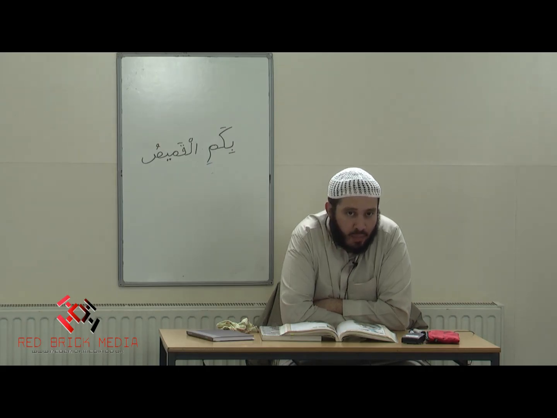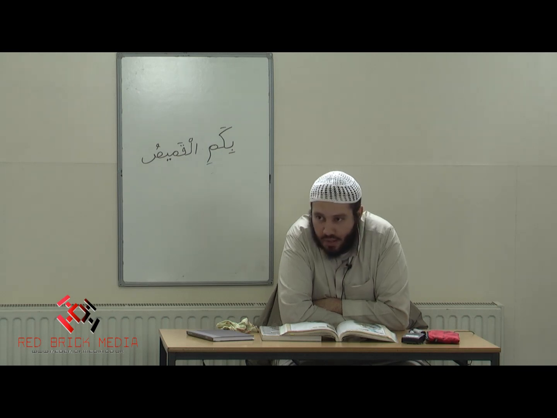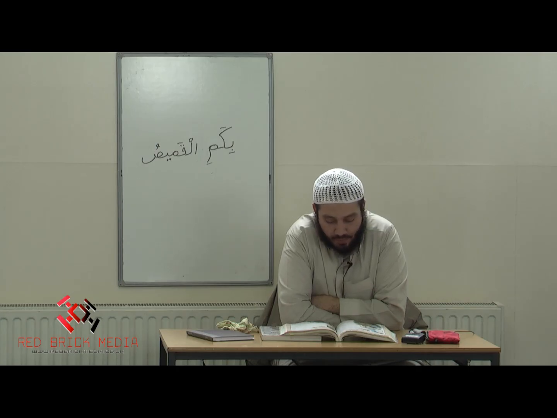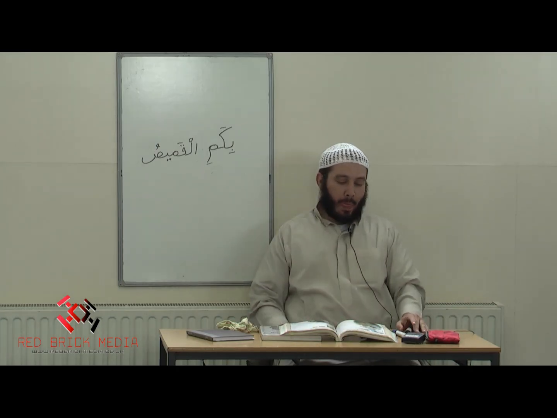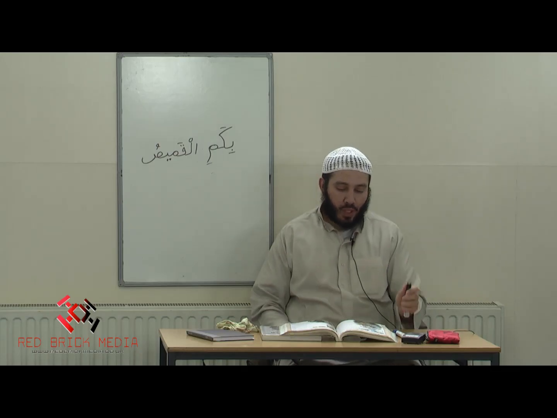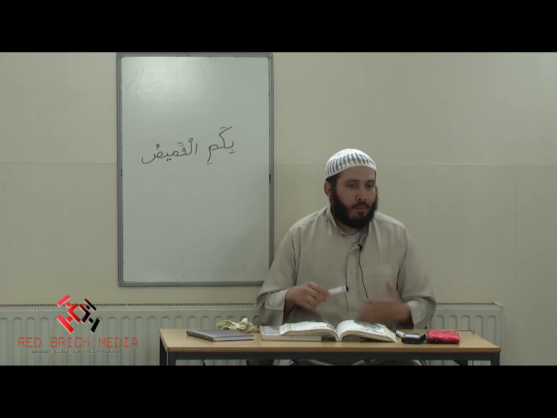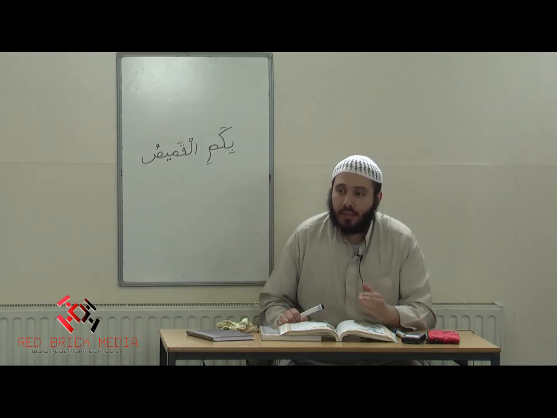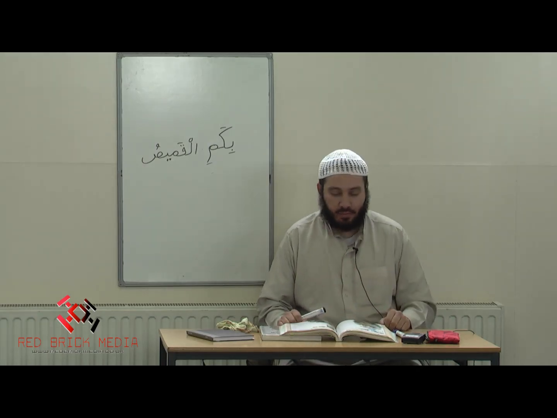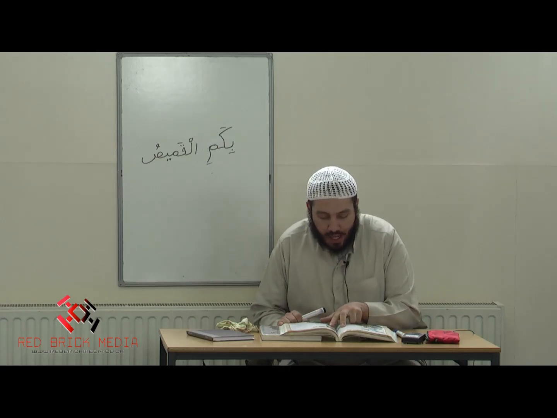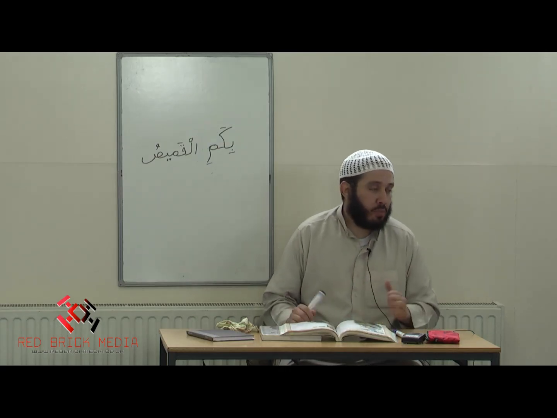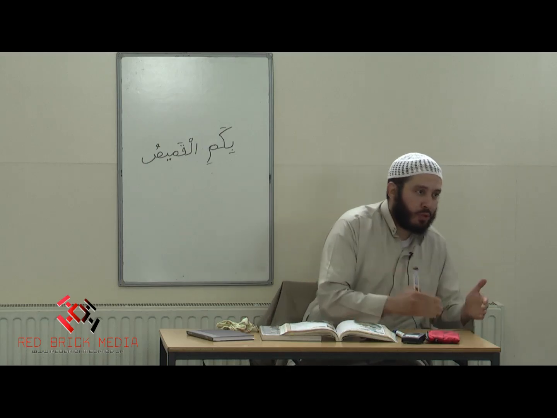And the huwa means 'he', but here it has another meaning. If you remove the huwa, we have a big problem, because the sentence is not complete. If you say هذا القميص الأزرق, that means this blue shirt.